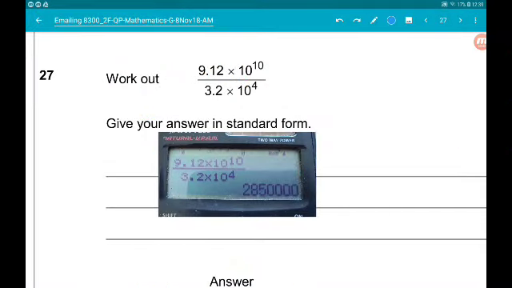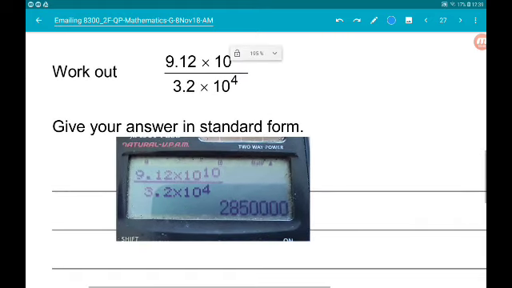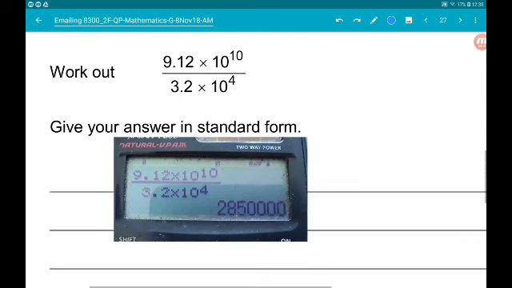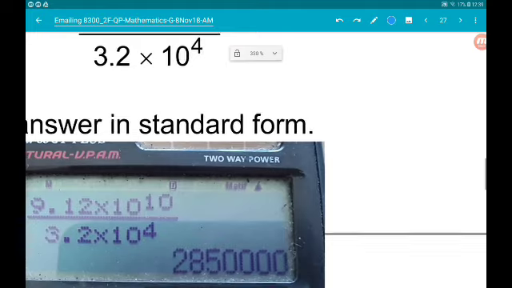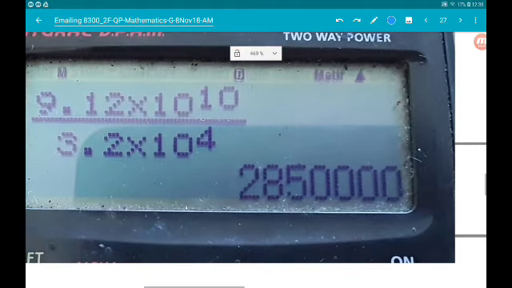27, final question, wants us to work out 9.12 times 10 to the power of 10 over 3.2 times 10 to the power of 4, giving our answer in standard form. So, put it into your calculator exactly how it looks. Make sure you get 2,850,000.